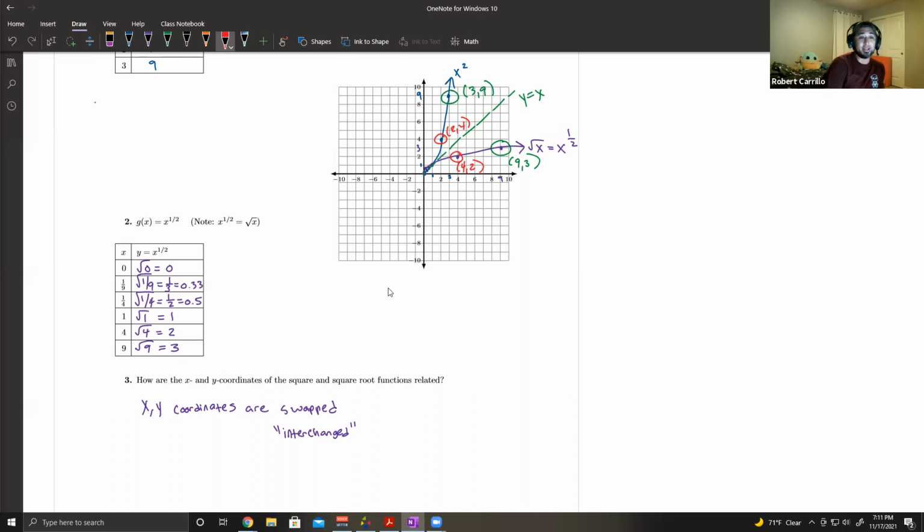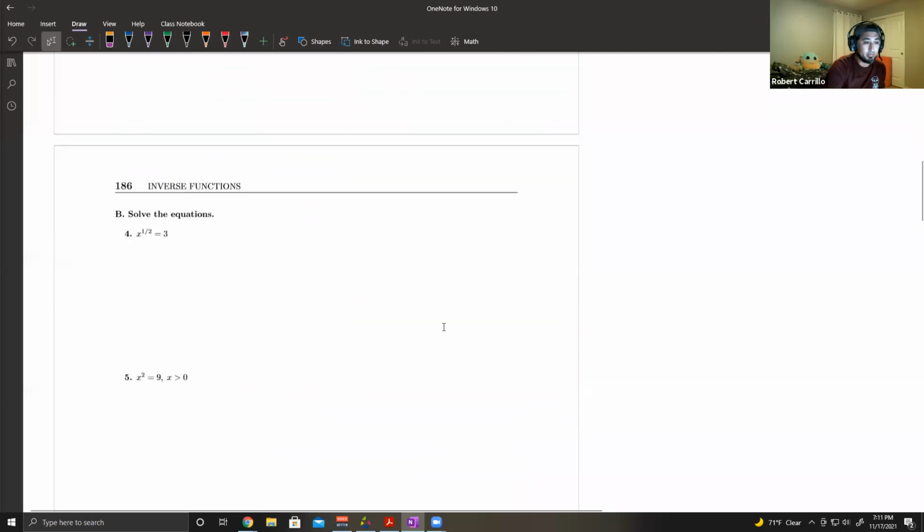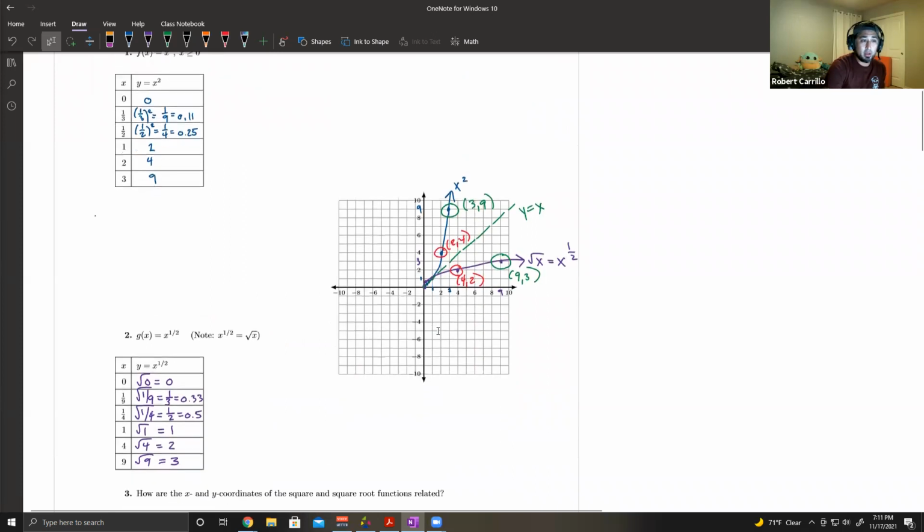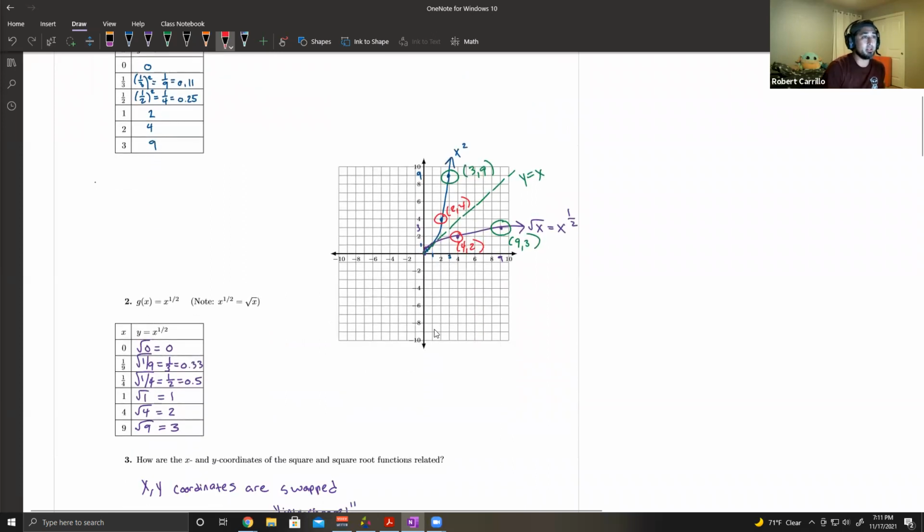So this is what defines inverses. Don't worry, we'll get more to it on the next page, I believe. Oh, maybe not. So here, let me write down everything I just said. To be an inverse, your x, y swap, your graph is symmetrical, and the last thing is domain and range also swap.